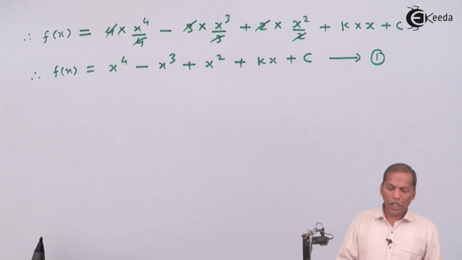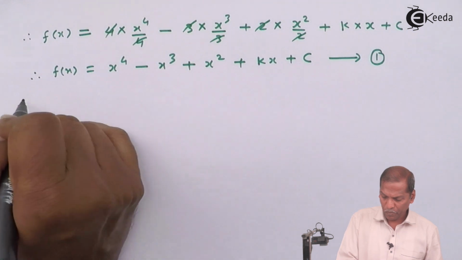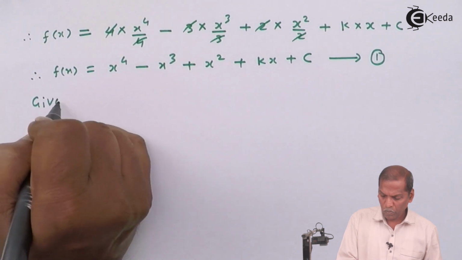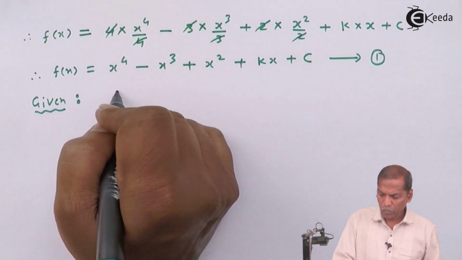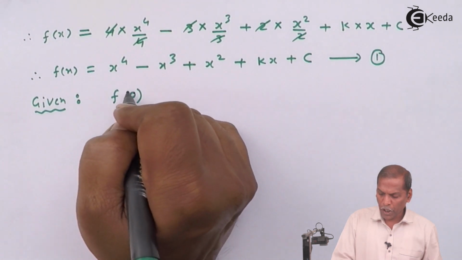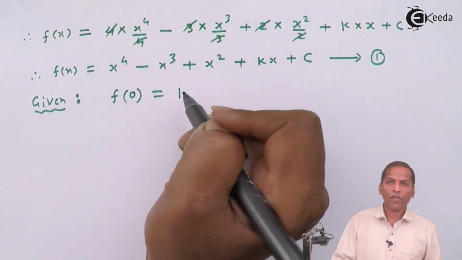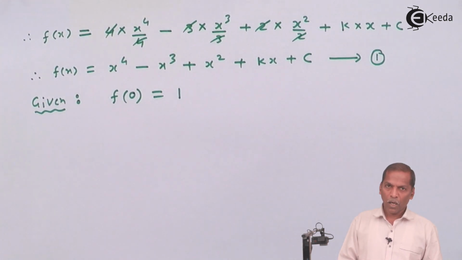Now here the initial conditions are given. First condition is f of 0 is equal to 1. Now in equation 1 we put x equal to 0.